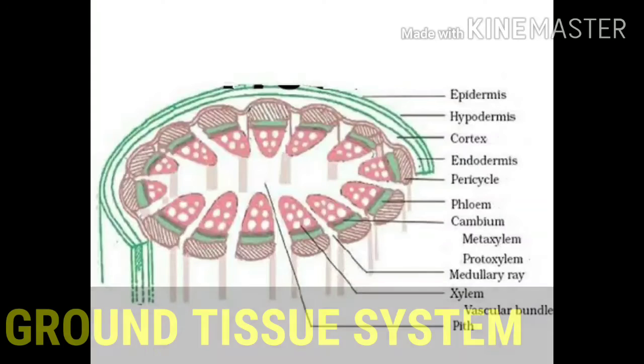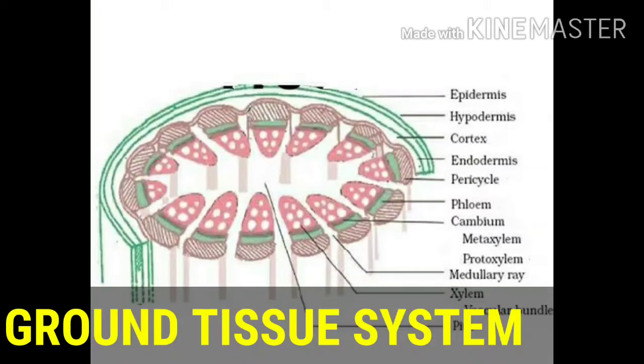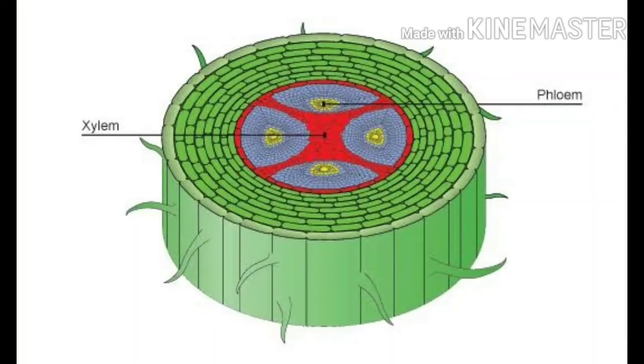See the second tissue system, the ground tissue system. It includes all the tissues of the plant body except epidermal and vascular tissues like cortex, endodermis, pericycle and pith. Now we will see the third system, the vascular tissue system.